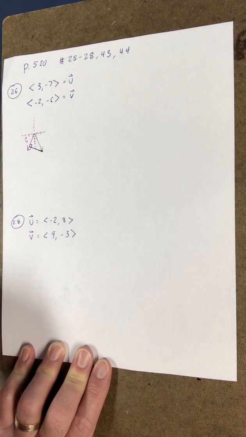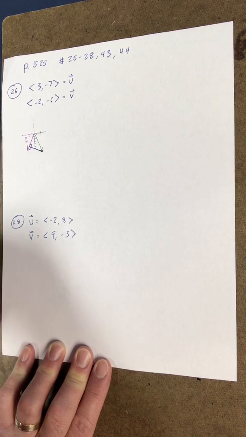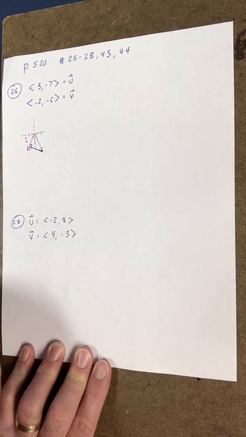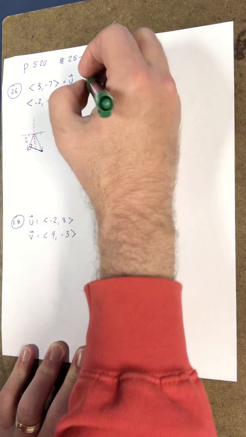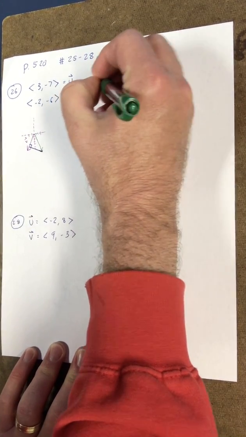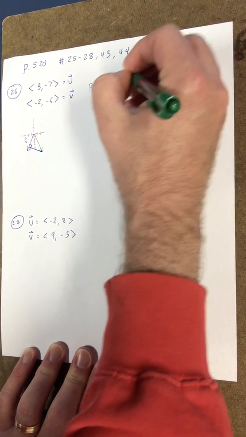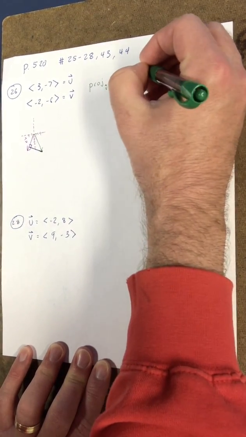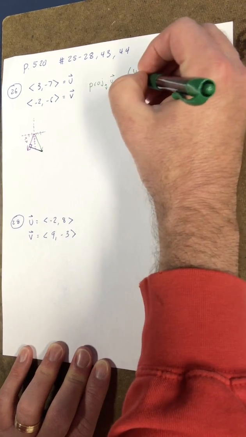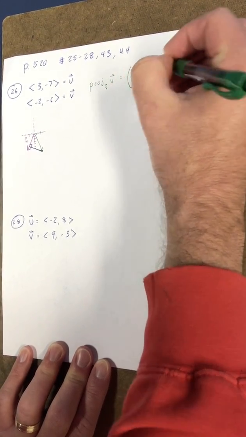In order to find out what that projection is, we're going to use the formula that you guys did in class yesterday. The projection of u onto v is equal to the dot product divided by the magnitude of v squared, times vector v.